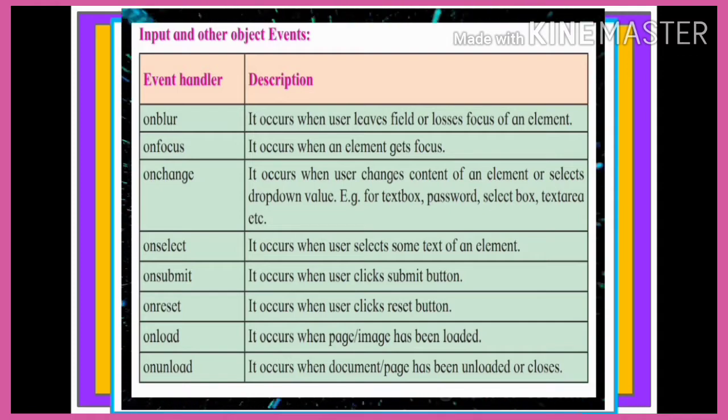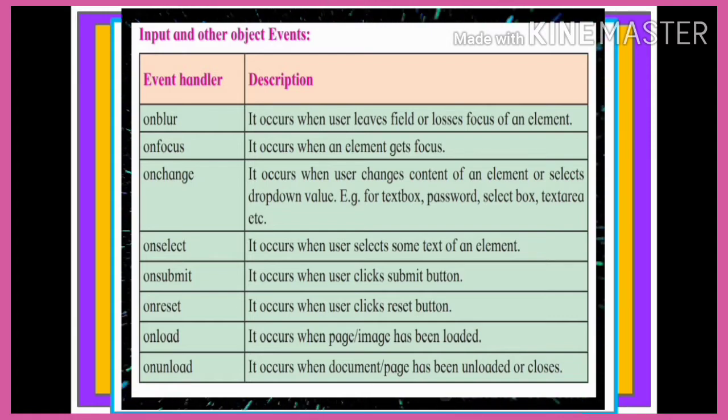Next event is onselect. It occurs when the user selects some text of an element. Next is onsubmit. It occurs when user clicks submit button. Next is onreset. It occurs when user clicks reset button. onload.